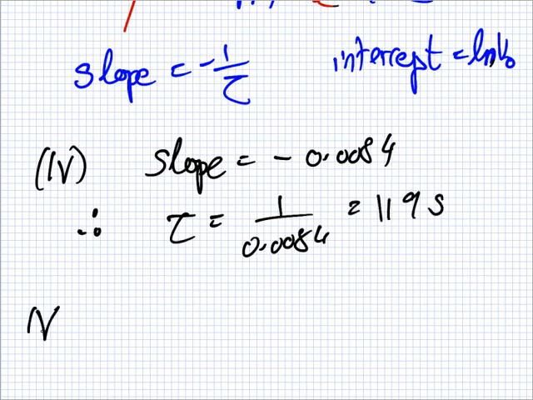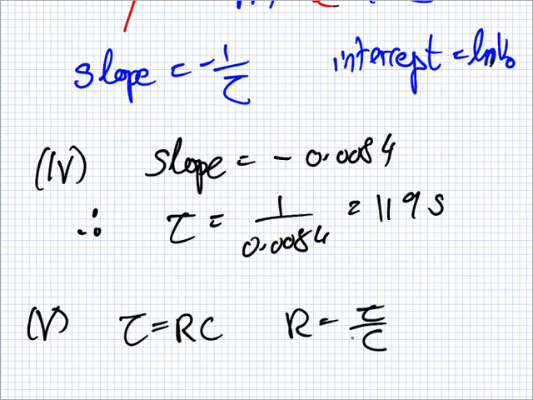Lastly, part 5 is what is the value of the resistance. Which formula do you use for that one? Time constant equals RC, so R is time constant over C. Now do we know the C? Yes, what's the C? 250 micro.